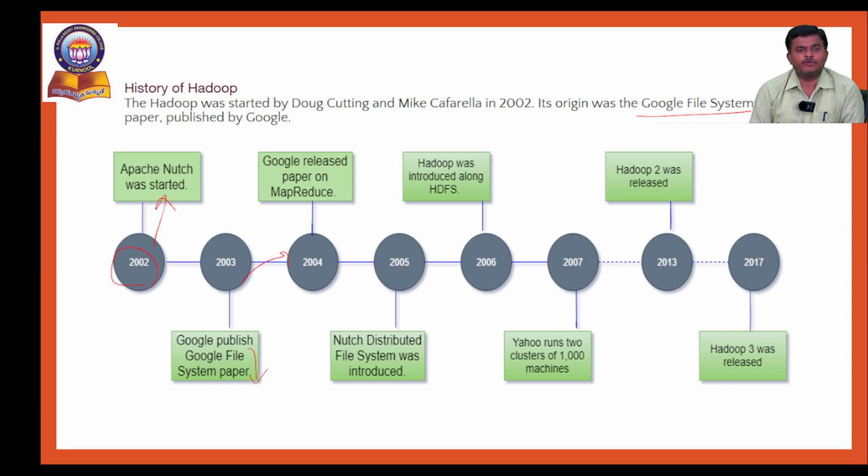Next, in 2004, Google released a paper on MapReduce, and in 2005, the Nutch Distributed File System was introduced. In 2006, Hadoop was introduced along with HDFS. So this is the starting point for Hadoop. Then in 2007, Yahoo ran 2 clusters of 1000 machines, in 2013 the Hadoop 2 version was released, and in 2017 the Hadoop 3 version was released. This is the brief history of Hadoop.